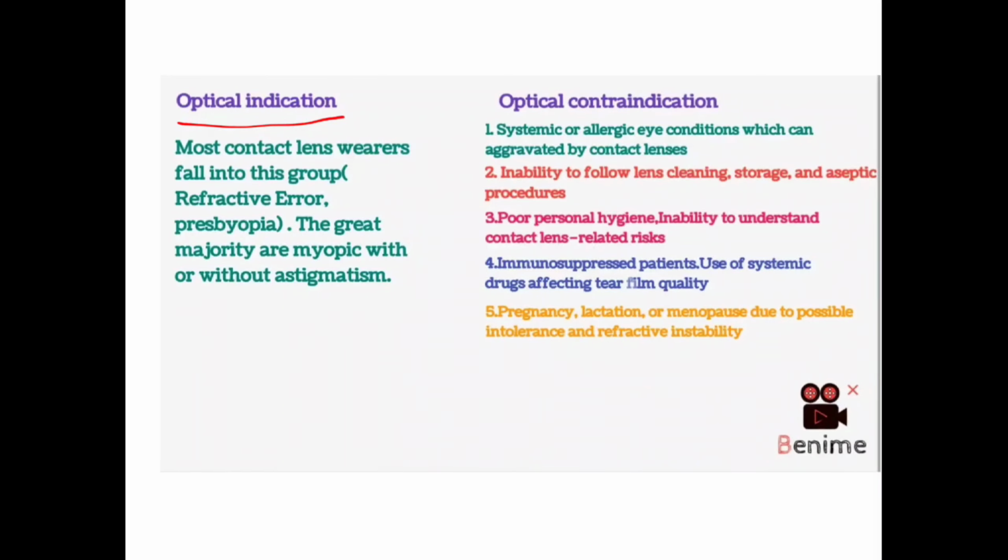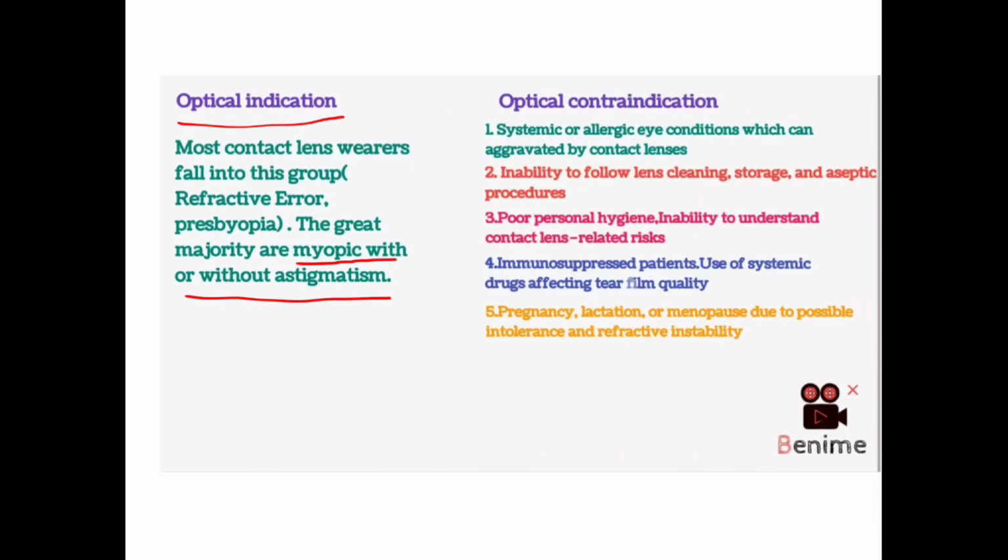Optical indication means when the patient requires contact lenses for refractive errors or conditions like presbyopia, that is not much related to medical conditions like keratoconus, irregular corneas and other things. The great majority of people in this optical indication are myopic with or without astigmatism.